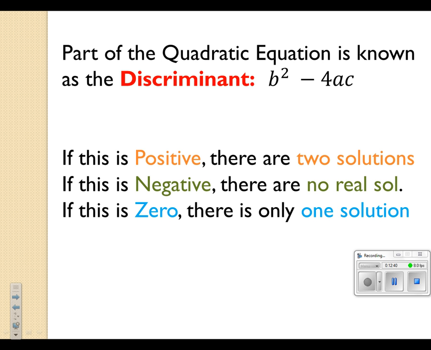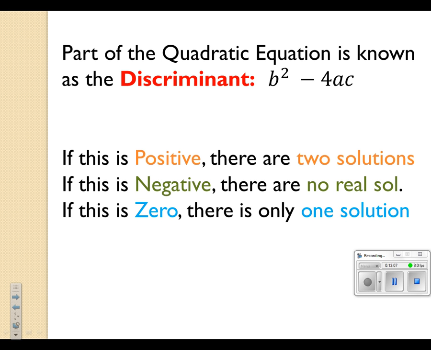If that discriminant is negative, you'd be asked to find a square root of a negative number. That is undefined. You can't find square roots of negative numbers; those are imaginary. So there are no real solutions to that quadratic. If the discriminant is 0, the square root of 0 is 0, so you're going to have only one solution to that particular quadratic.